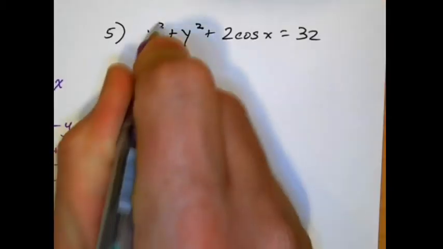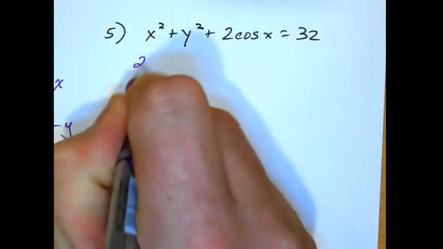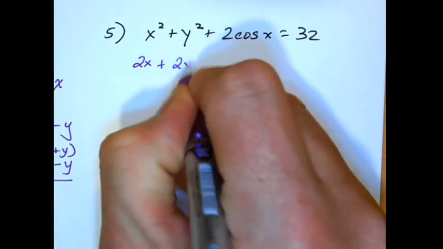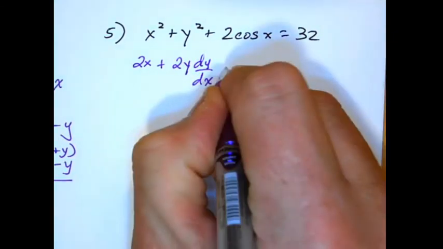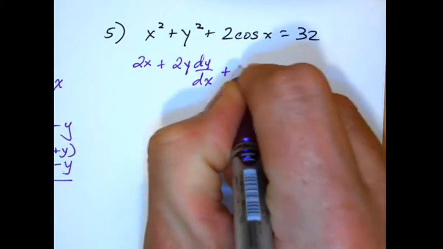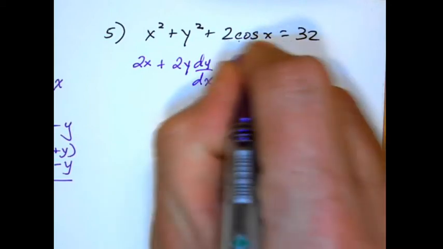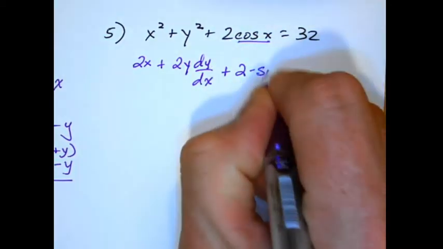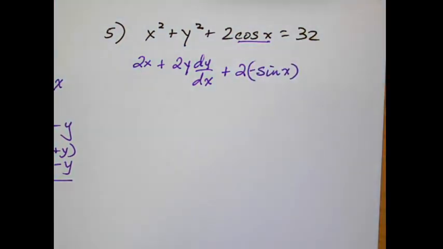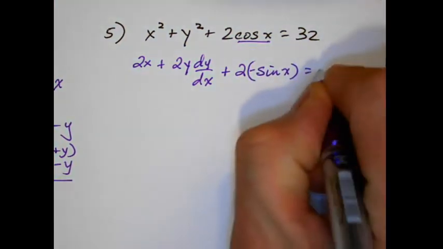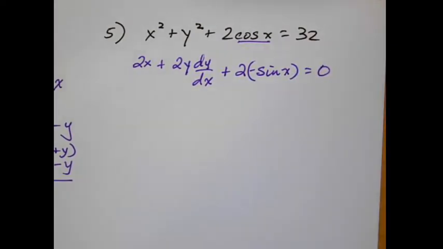The derivative of x squared is just 2x. The derivative of y squared is 2y with the derivative of y in terms of x. Now I'm going to put a plus 2, and then this derivative is negative sine of x. I'm going to put a parenthesis because it looks like 2 minus sine x if I don't. And then the derivative of 32 is just a constant, which is 0.